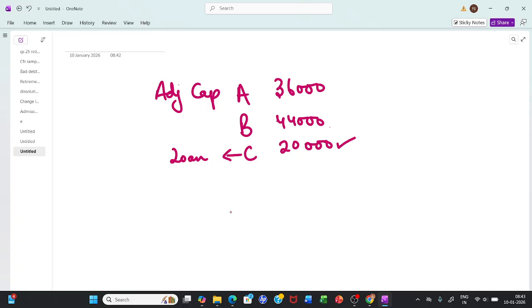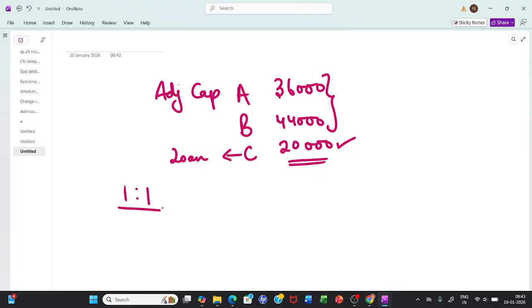Second possibility: nothing information is given about C, but A and B are to share future profits and losses equally. In future they want their capital to be equal. The new ratio of capital is equal. New partnership ratio is equal.